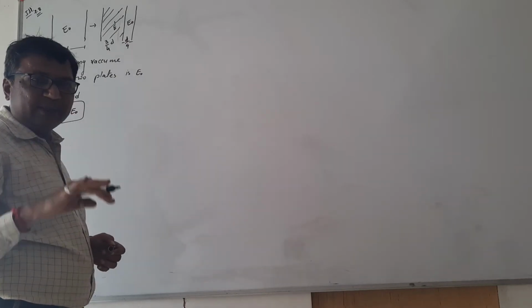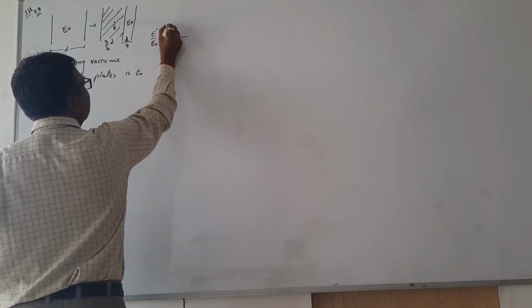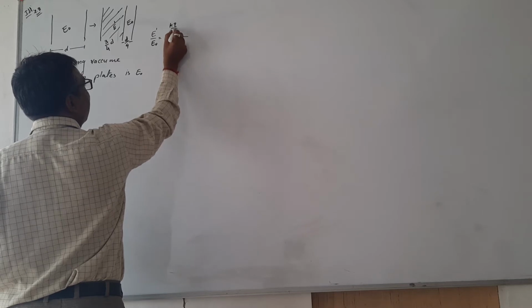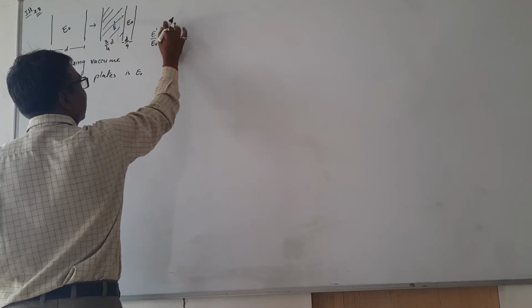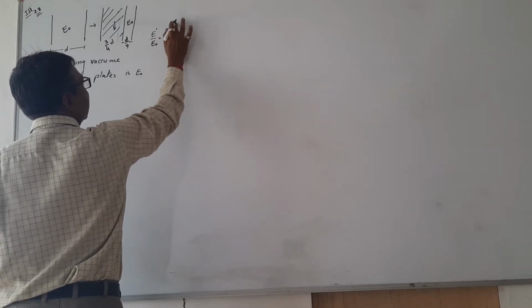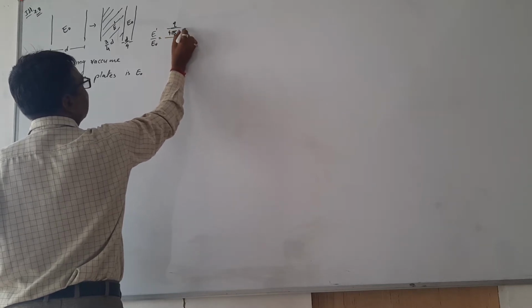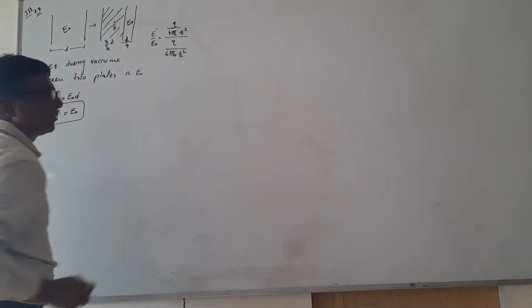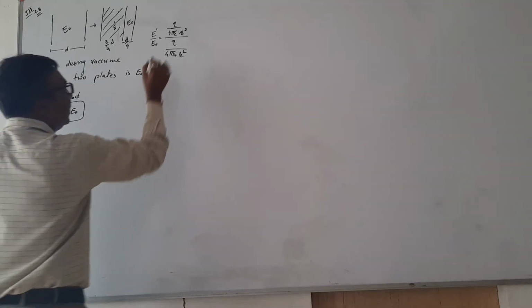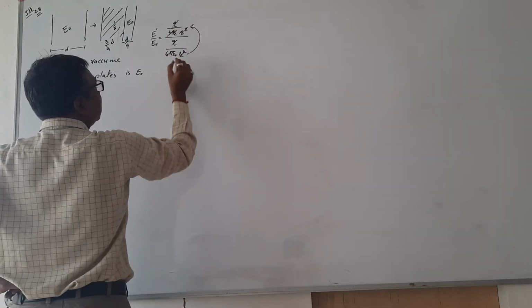How can we write E dash in the form of E0? E dash upon E0 is Q upon 4 pi epsilon R square divided by Q upon 4 pi epsilon 0 R square. This is the formula of electric field. So Q, 4 pi, these all cancel.